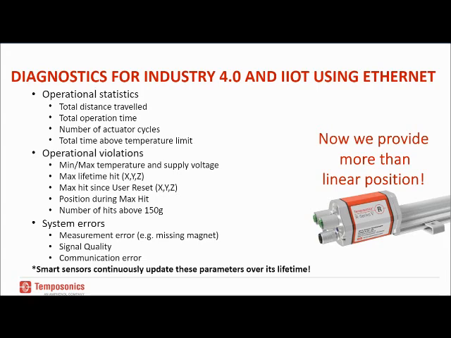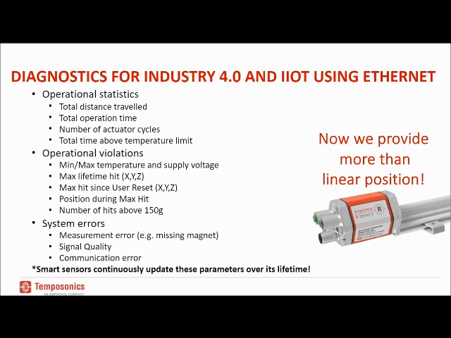You might want to track the temperature. And that's something that we do. We monitor the temperature, the upper and lower temperature, over the life of the sensor to make sure that it's not exceeding any of the specifications that we currently have for our smart sensor. We also have violations that we can track.